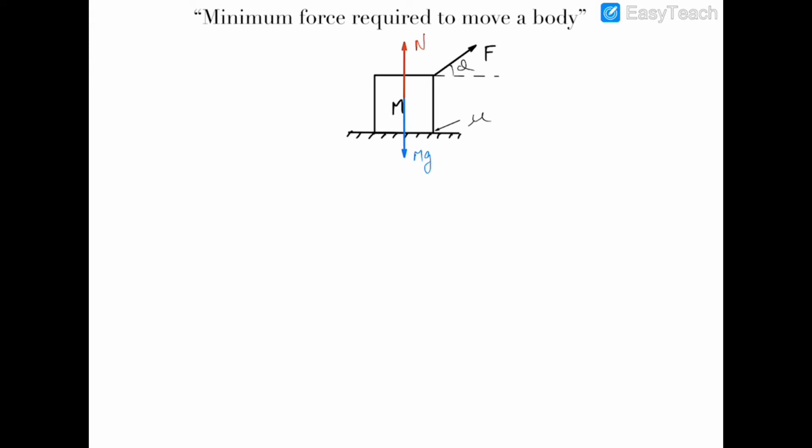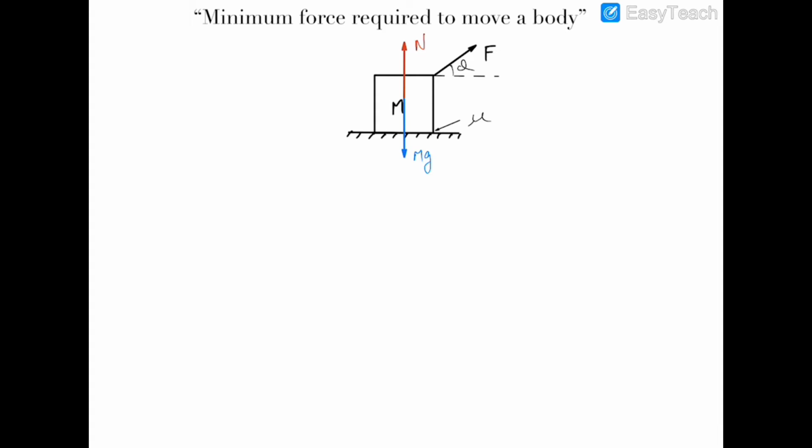Now the two variables we have are F and theta, and we are concerned with finding the minimum value of F and at what angle it should be applied, so that with that minimum value the block can start the motion.